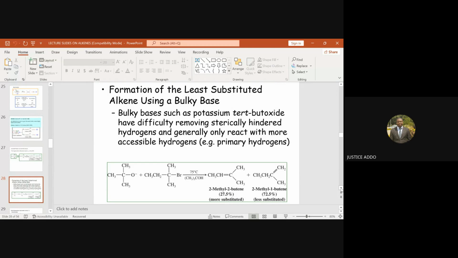So the reason why a bulky base will prefer to give you the least substituted alkene is that the hydrogen that is supposed to be removed by way of Zaitsev's rule usually becomes hindered. It's overcrowded, so the bulky base cannot get access to it.